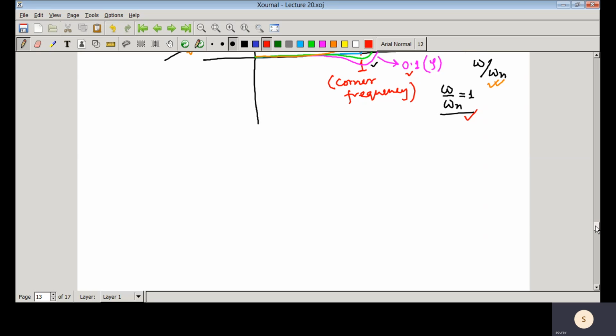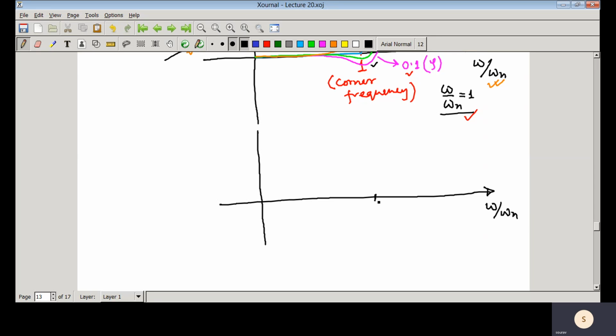So now let us see what would be that phase. So the phase, as we have seen, whenever it is a second order term, it is also in the scaling form. When omega is very high, then that angle would be 180 degree, and that slope would be 90 degree per decade.